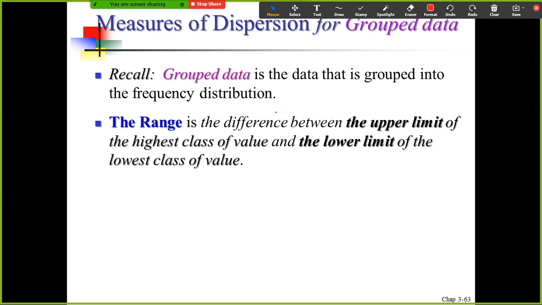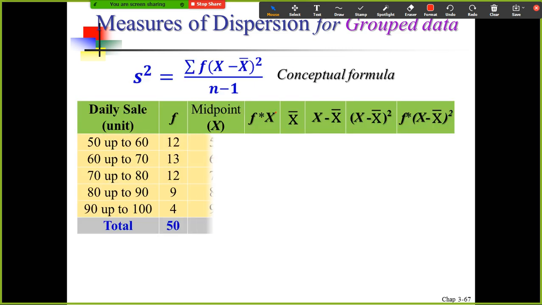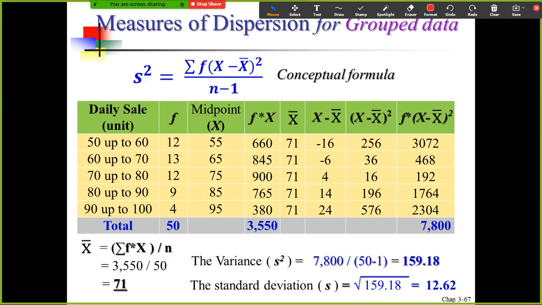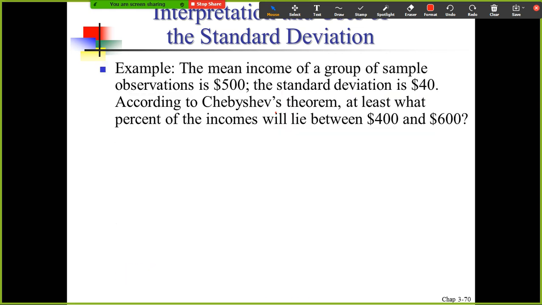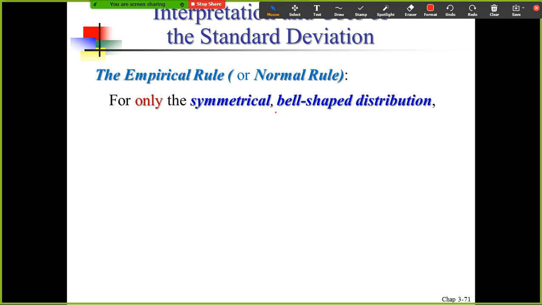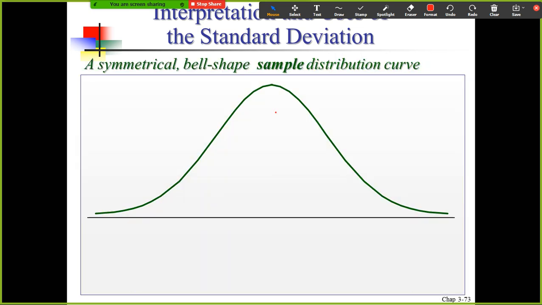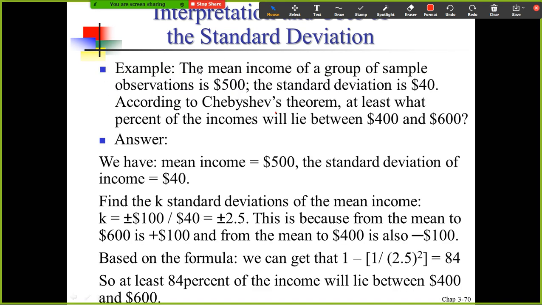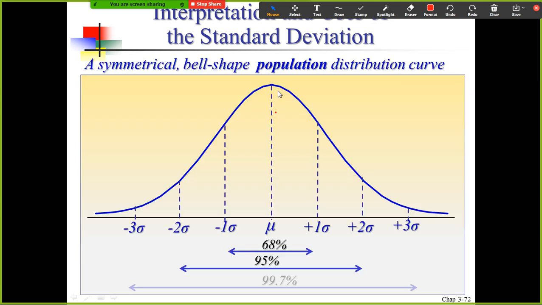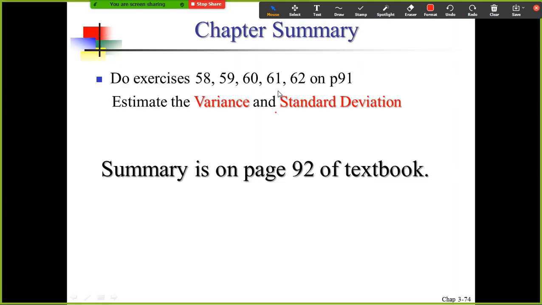Actually two homework. This one should be homework for you, but I also take it into my explanation. Okay, this is the last homework for chapter 3.